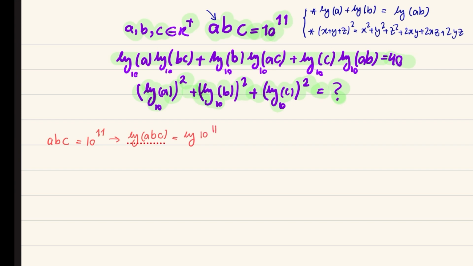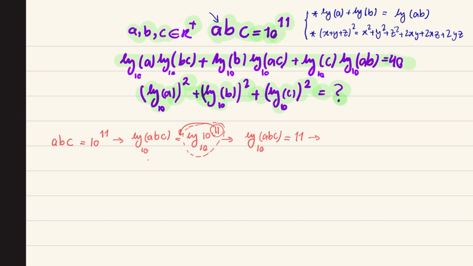And if we have 10 in the base, we know that this term is equal to 11. Because we have it in the power, it comes here, and log 10 of 10 is equal to 1. So on the right hand side, we have 11.